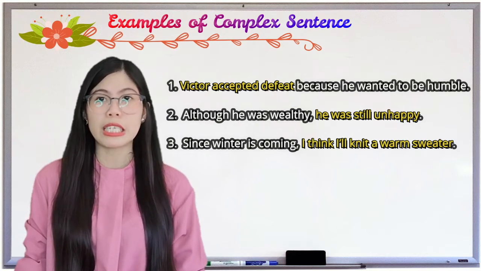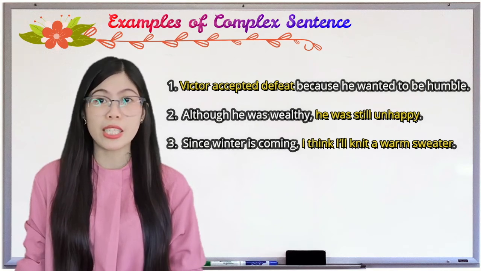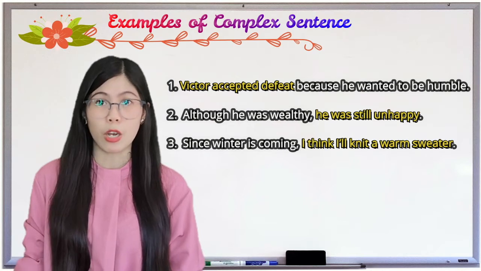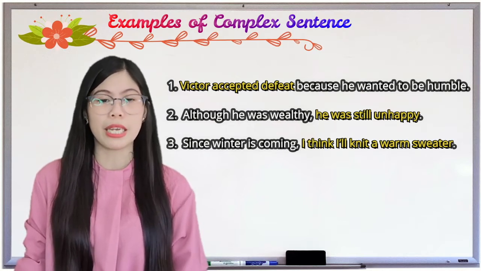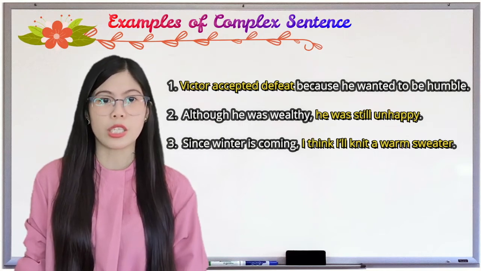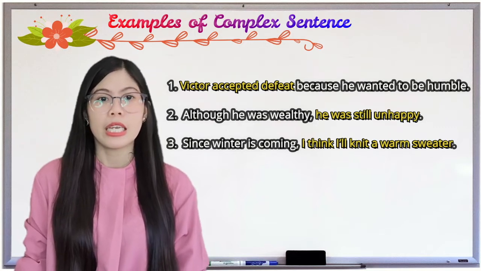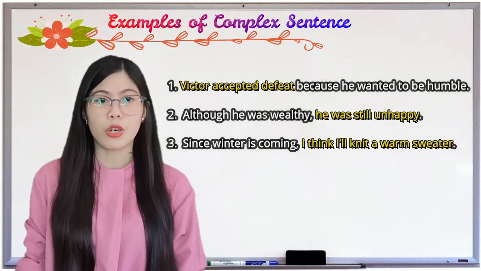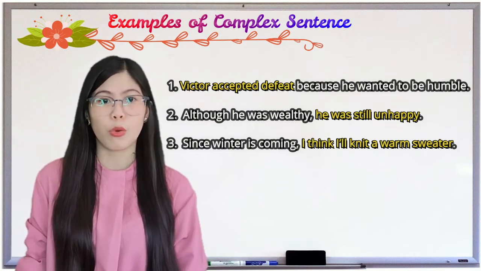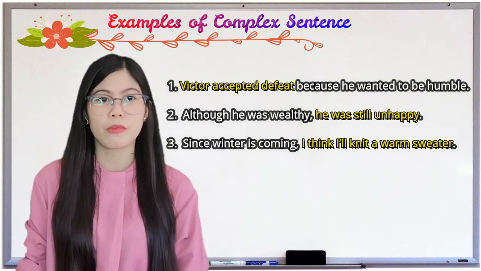The dependent clause here is although he was wealthy, because it doesn't express a complete thought. We don't know what he is trying to point out when he uttered that statement. So it has to be connected with the independent clause, which is he was still unhappy. It is the independent clause because it expresses a complete thought. Just by the sentence alone, we can already understand clearly the message.